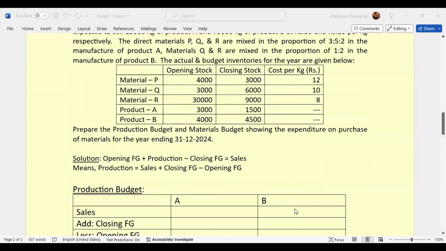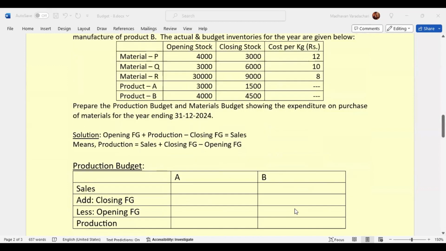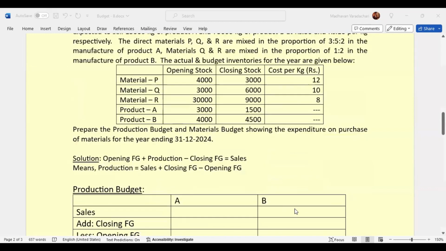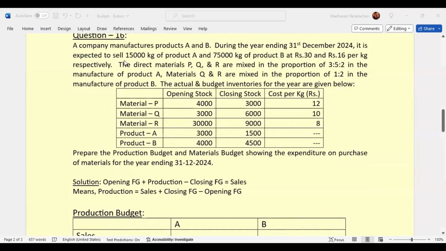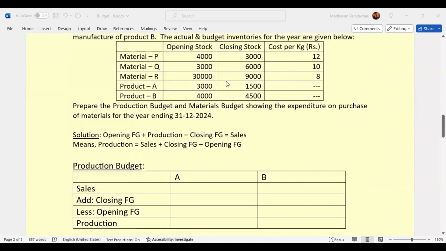So on that basis, let us consider product A expected to sell 15,000. So here it is 15,000. Add closing finished goods for product A, it is 1,500, less opening finished goods. Opening finished goods is 3,000, minus 3,000.